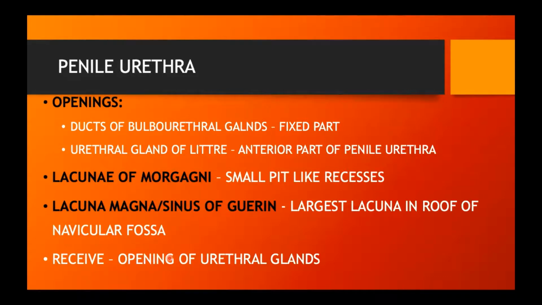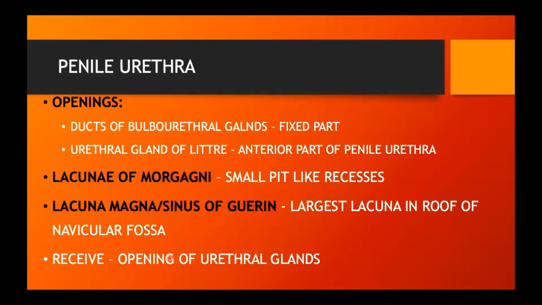And we can find some other spaces in the penile urethra, that is the lacunae of Morgagni. They are the small pit-like recesses, and the lacuna magna or sinus of Guérin is the largest lacuna present in the roof of the navicular fossa, and they receive the opening of the urethral glands.